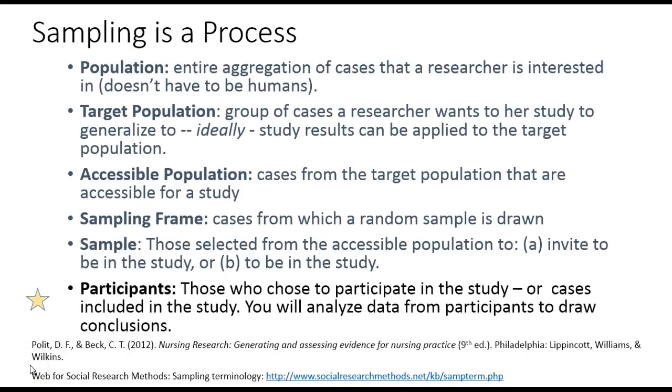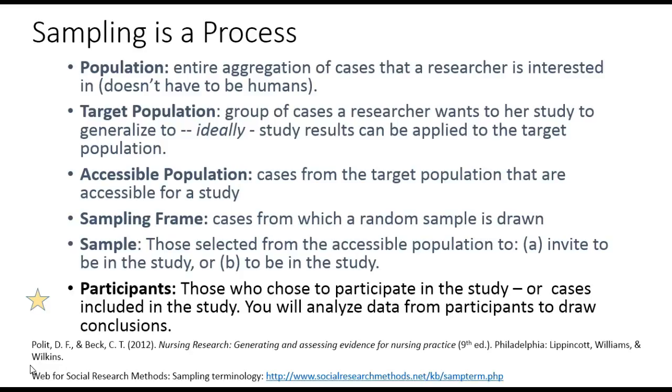The sampling frame is a list of all of your cases in the accessible population. And we typically add numbers to that list. And the sampling frame, that numbered list, is used to randomly select cases. So your textbook talked about random sampling.